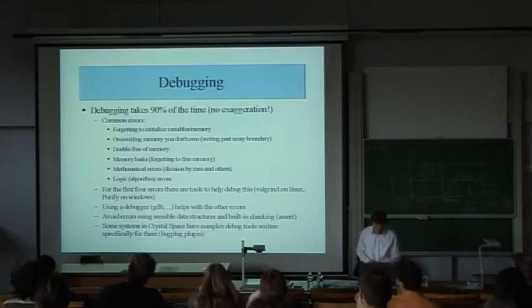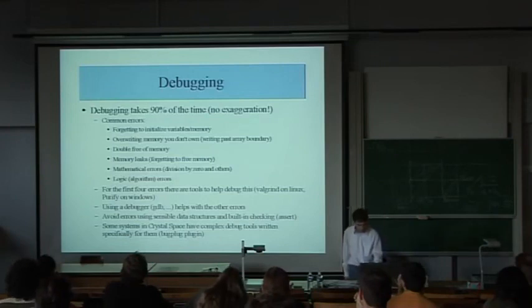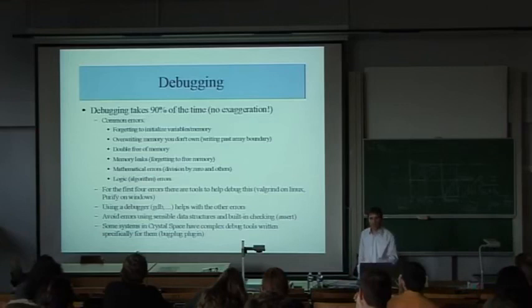But there are several tools to help debug this, like Valgrind is very useful on Linux, and GDB, of course, just standard C++ debuggers. We also have some debug tools, actually plugins in Crystal Space, that help for analyzing, but they are mostly useful for game developers because they can analyze what is on screen and that object isn't rendered.